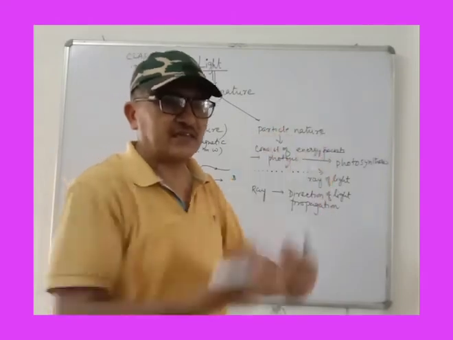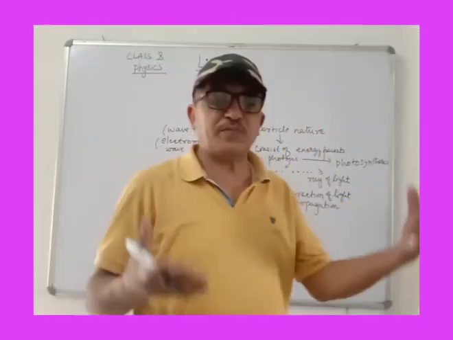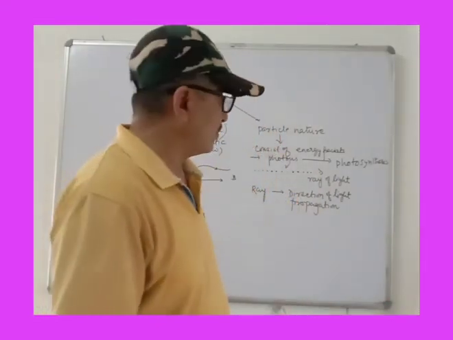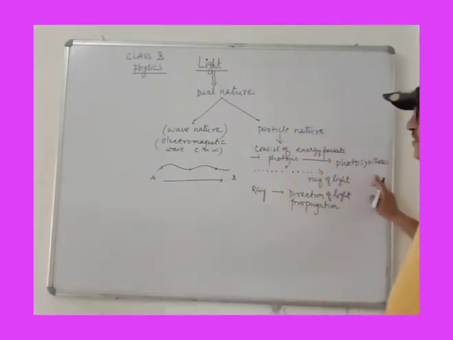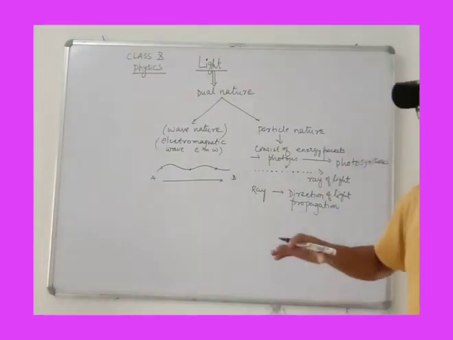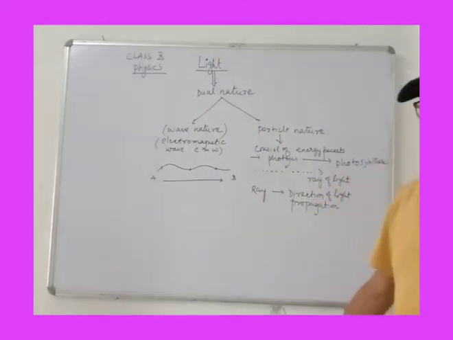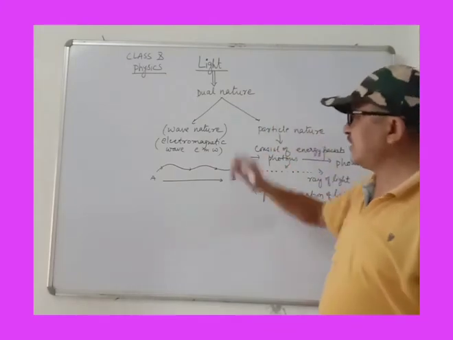Green plants take photons as energy and they prepare their food, and that energy is stored in the food items, and then the other animals, other creatures consume that food and get the energy. So we can say in one way that the prime source of all form of energy is sun. Okay, so let us discuss about the particle nature of light.